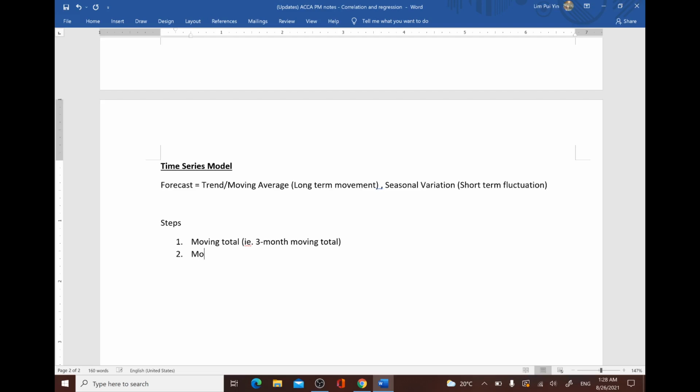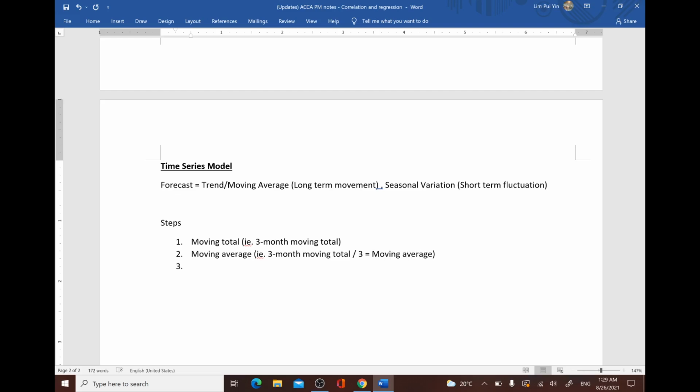Moving on, you will then be able to derive the moving average. Once you have got this moving total for 3 months, all you need to do is to divide by 3, in order for you to derive the moving average, and that's the trend.